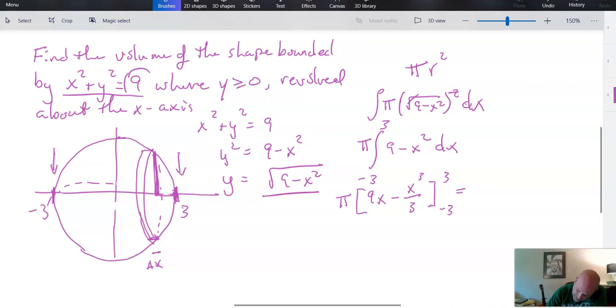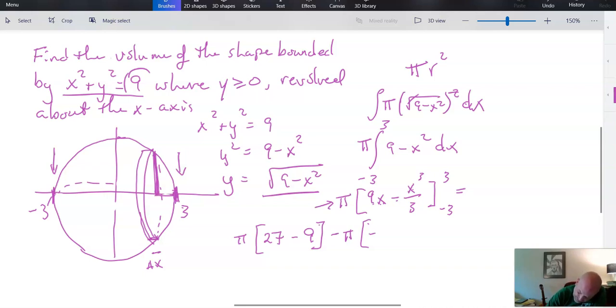Okay, so we need to evaluate it from top to bottom. So the first one would be, and I don't want to forget about this pi at the end. If I plug that in, that would be 27. So 3 times 9 is 27. Minus 3 times 3 to the third is 27, divided by 3 is 9, so it's minus 9. And then it's going to be minus pi times, and we need to evaluate the other end, negative 3.